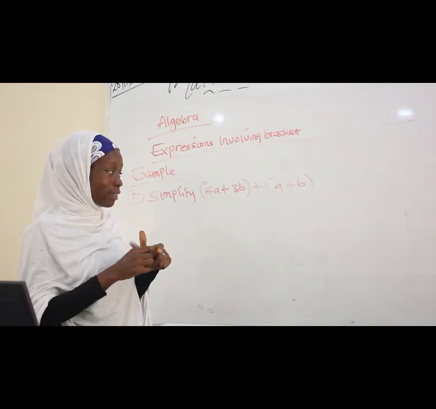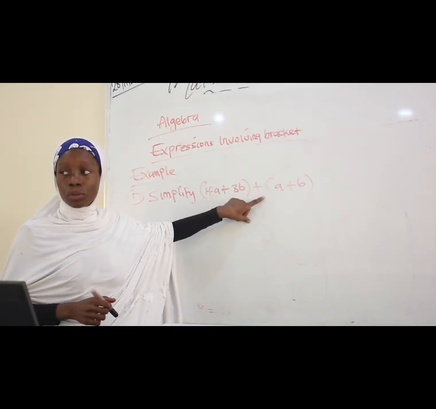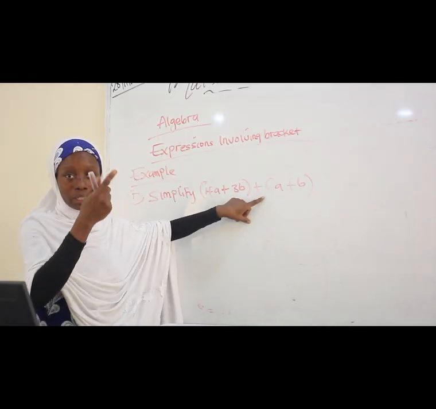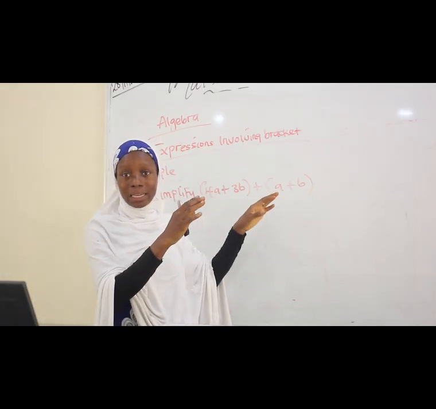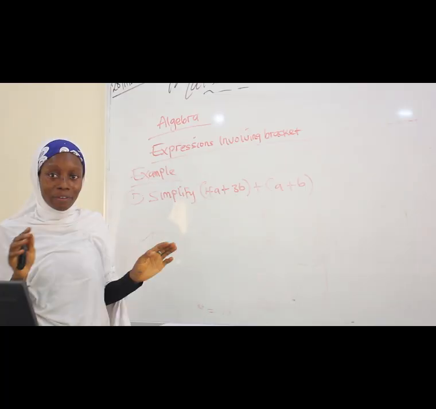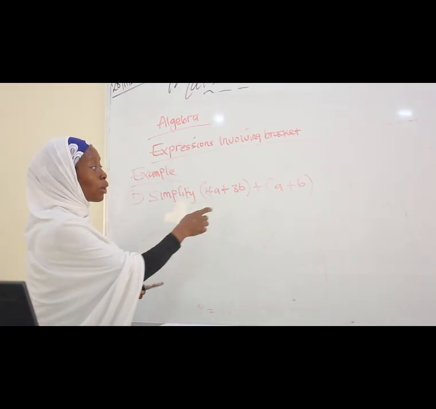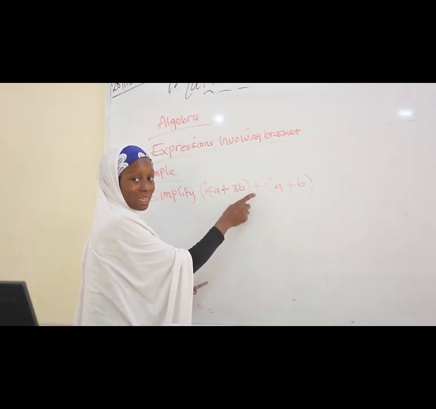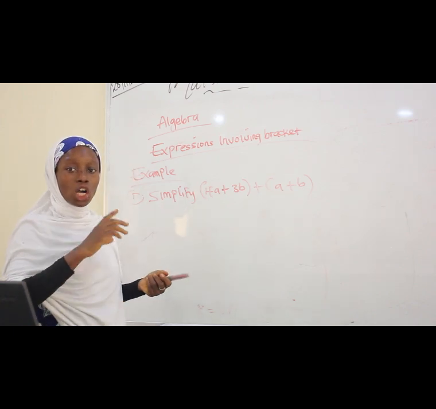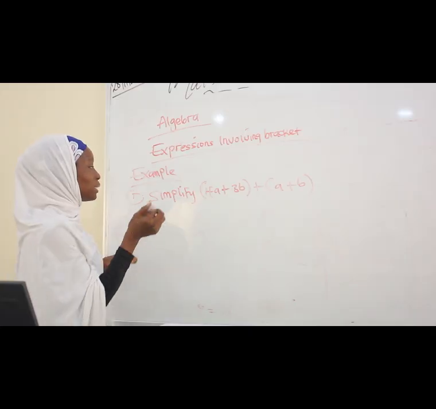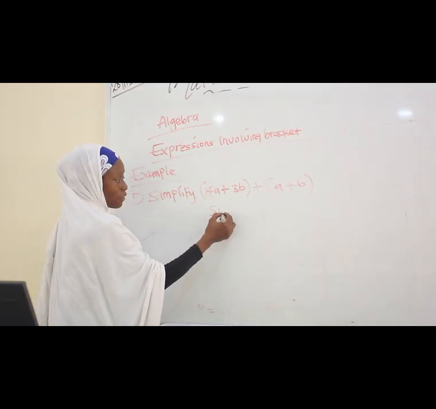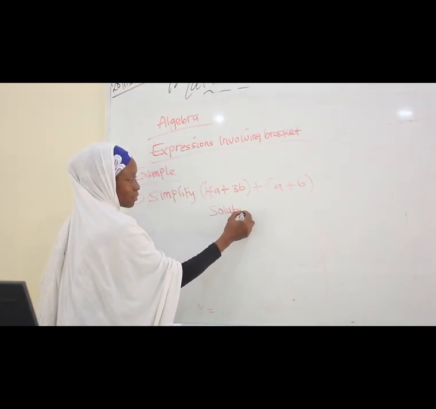I said earlier that if it is a positive sign that comes before the bracket, you don't need to bother about it. You just open the bracket. The sign is not going to affect what is inside the bracket. But if the sign outside the bracket is negative, is minus, all the signs inside the bracket are definitely going to change. But in this case, let's simplify and see. Solution.